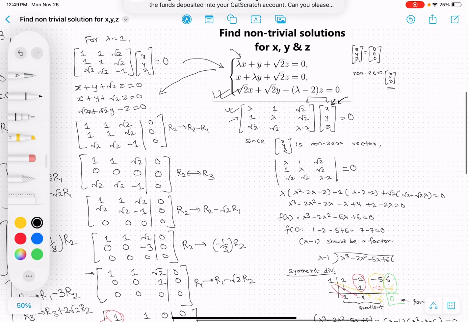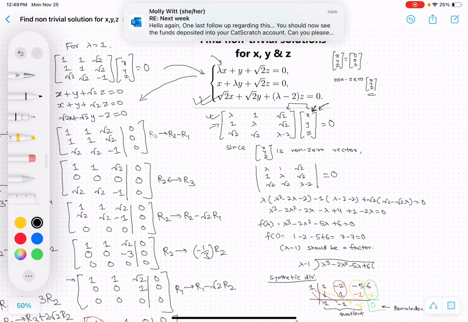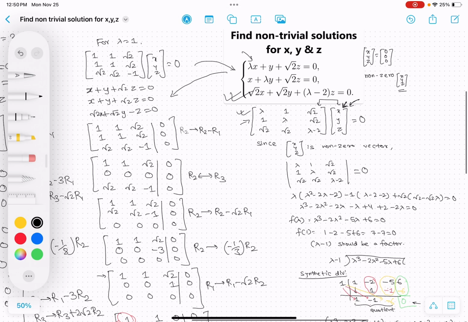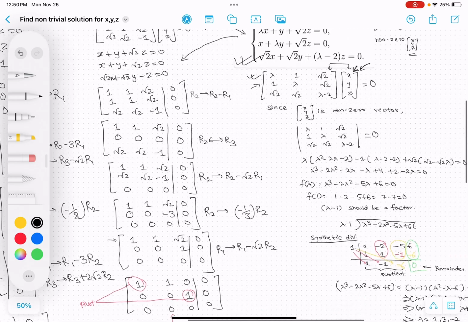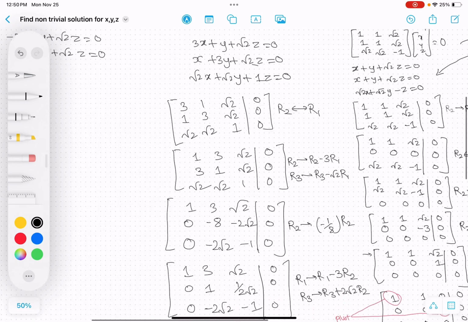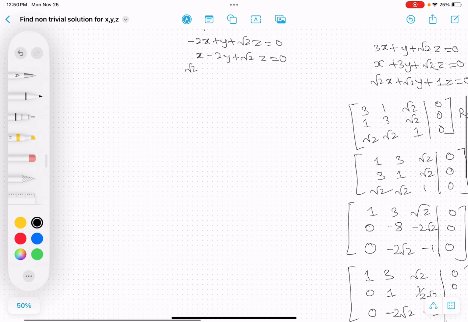And next is root 2x plus root 2y minus 4z is equal to 0.